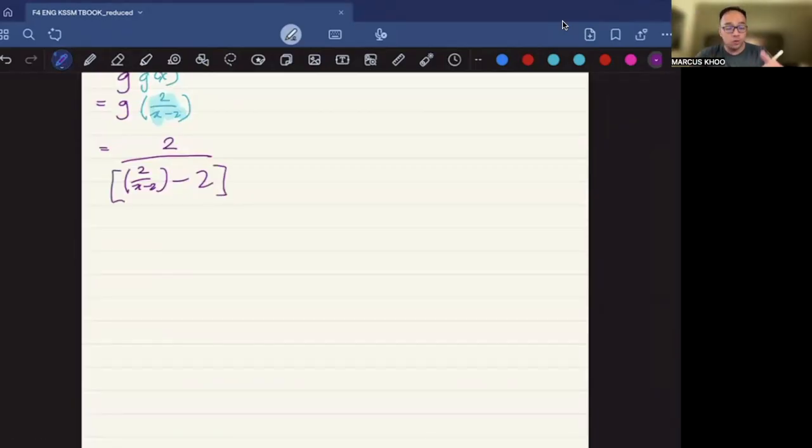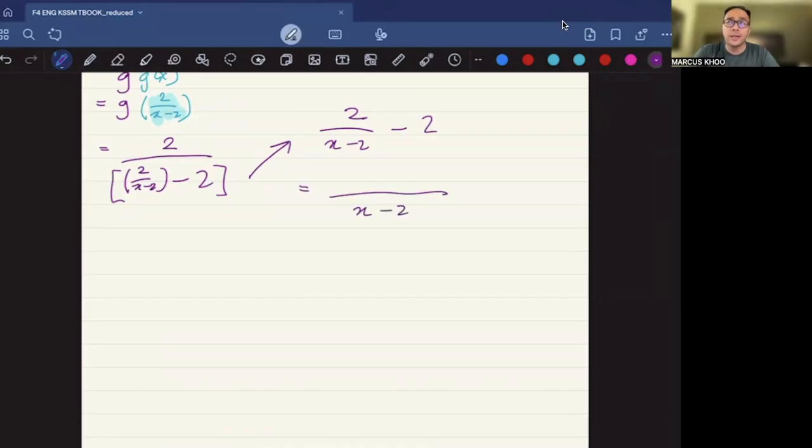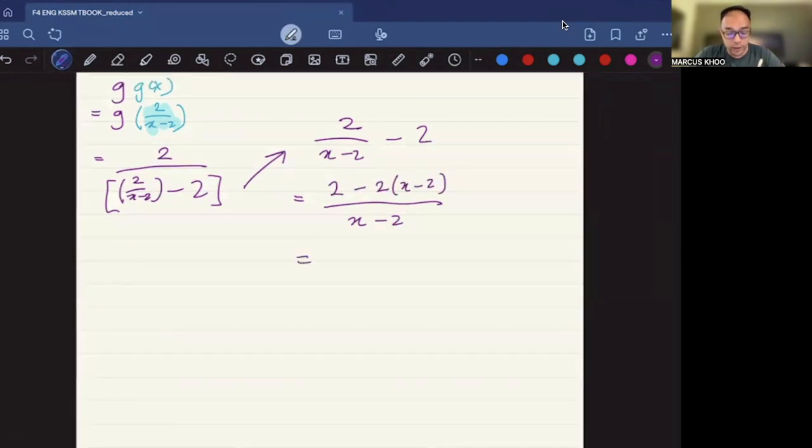I'm going to just zoom in on the bottom part. So 2 over x minus 2 minus 2. If we make the bottom the same, x minus 2, you get 2 minus 2 times x minus 2. What you're going to get over here is 2 minus 2x plus 4 over x minus 2, which will give you 6 minus 2x over x minus 2.